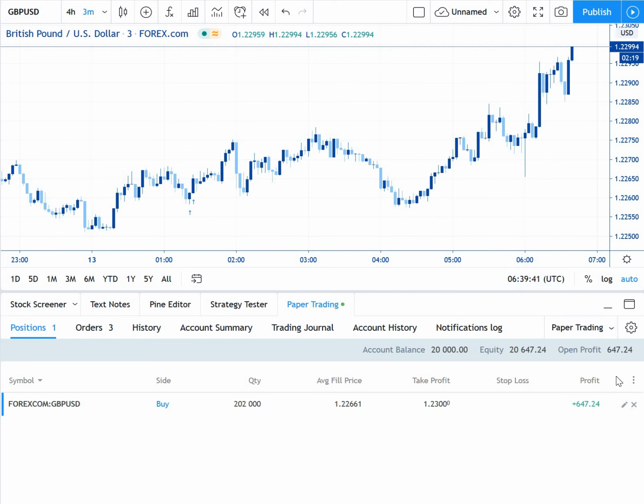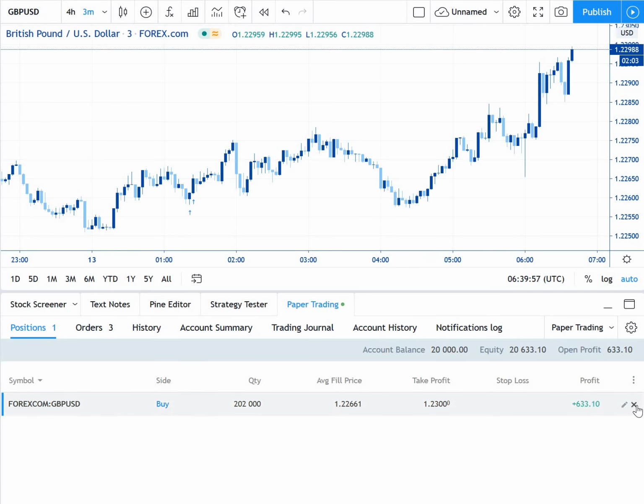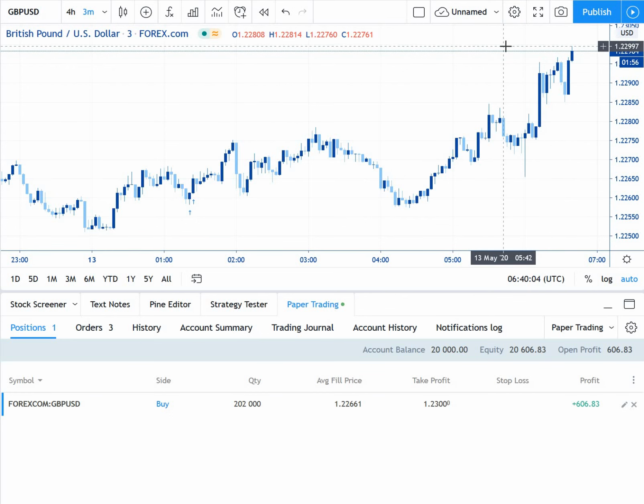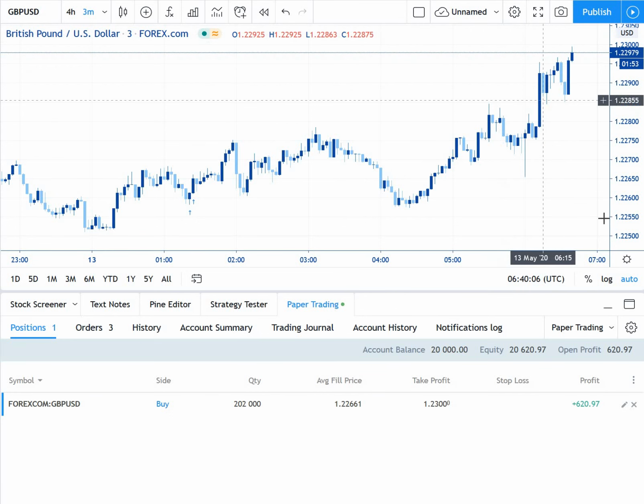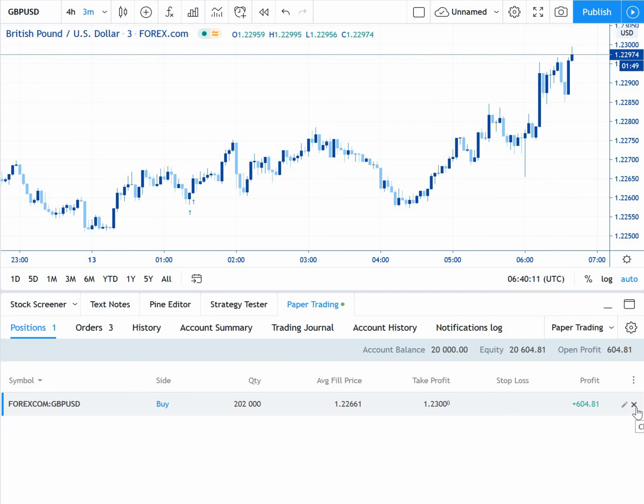We're getting very close to it. 99.5. Tempted to close it, but it should get over 23. Should really get over it. And once it does, then we also get the sell.